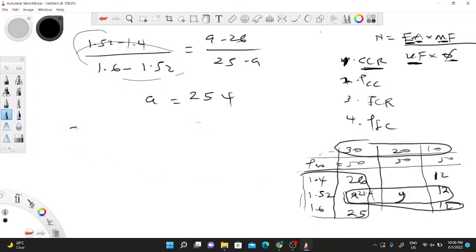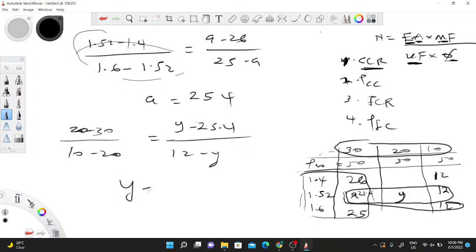So I can do 20 minus 30 over 10 minus 20 must be equal to Y minus 25.4 over 12 minus Y. If you do this correctly, you get your Y to be equal to 18.7%. So this thing we've calculated here is our row FC.